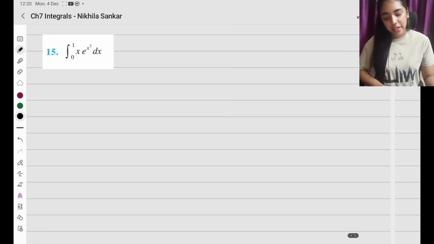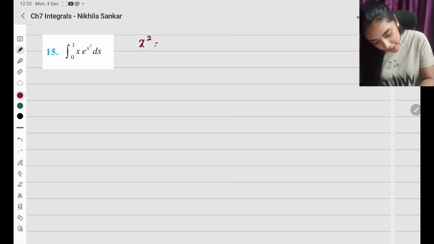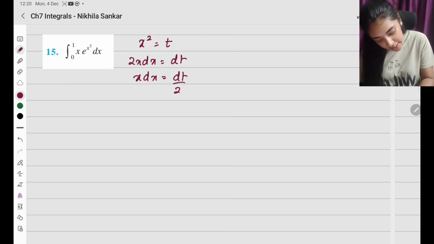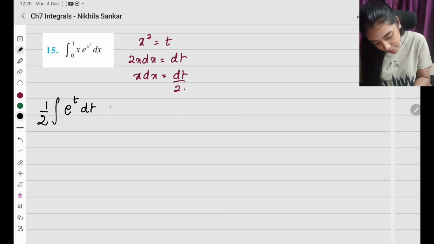Question number 15. x times e to the x square. So for this, easy substitution. I'm going to take x square to be t. 2x dx equals dt. I only need x dx, so dt divided by 2. So how does my integral change without the limits? I have integral of e to the x square, x dx is dt by 2. So I have 1 by 2 e to the t times dt. So this is nothing but 1 by 2 e to the t.